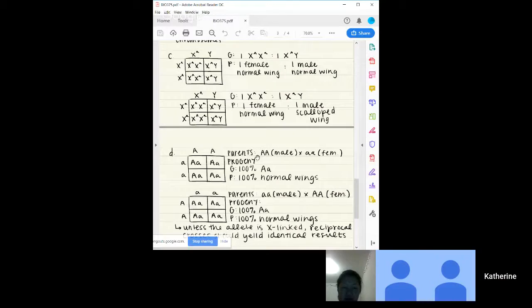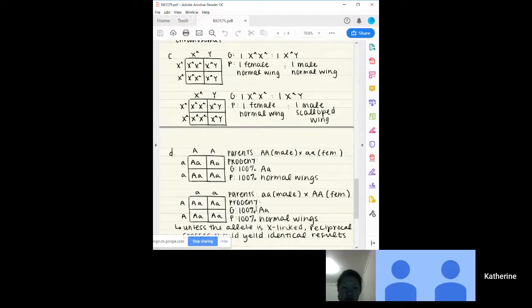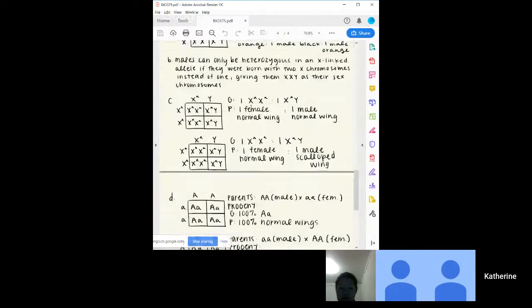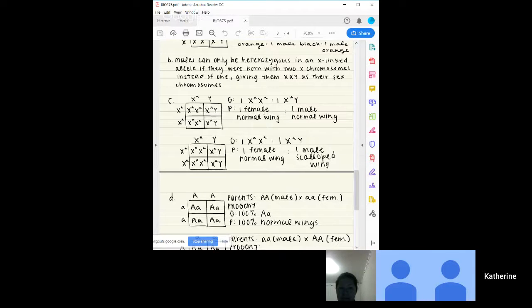Or C? We talked about both of them. Oh, okay. Yeah, so D was the one that has all heterozygous progeny. Okay, yeah, that makes sense now. And then in C, they were different. I had one female with a normal wing to one male with a normal wing, and then one female with a normal wing to one male with a scalloped wing. Okay. All right, sounds good.